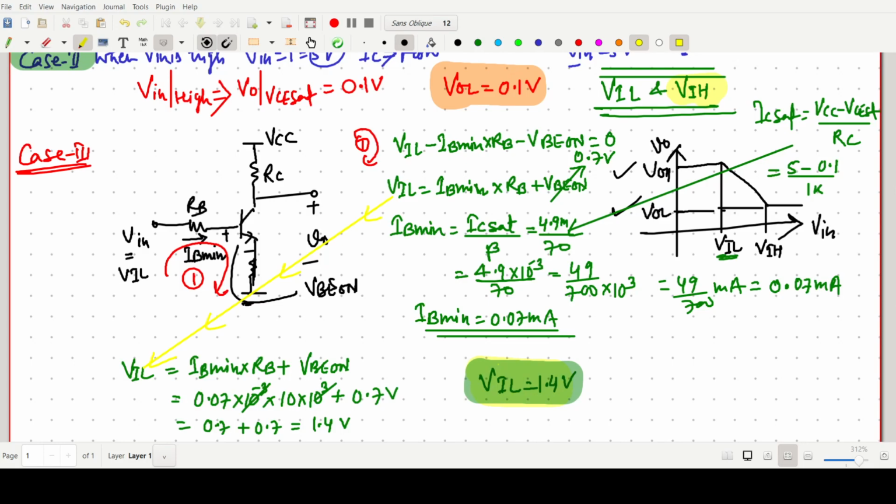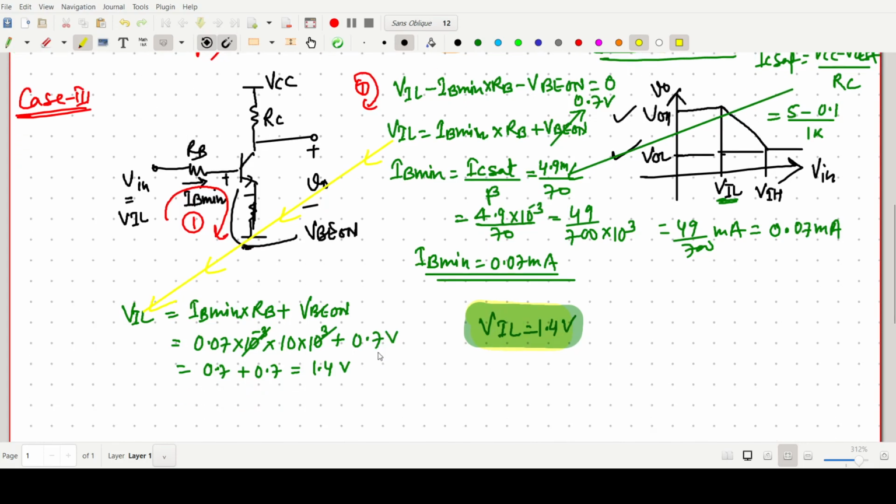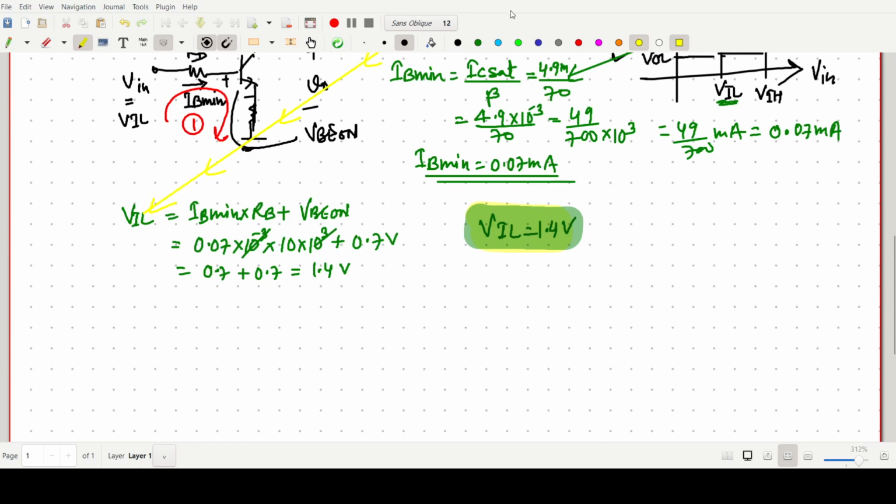Now for the VIH calculation, say in case 4, when we are giving high input, that is our VIH.